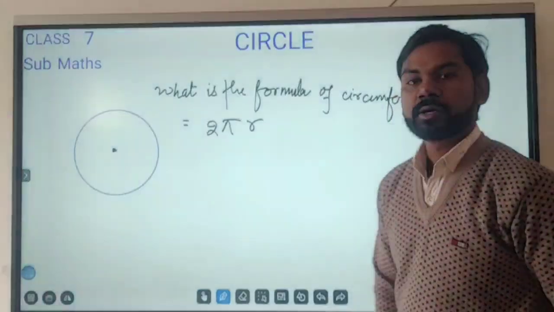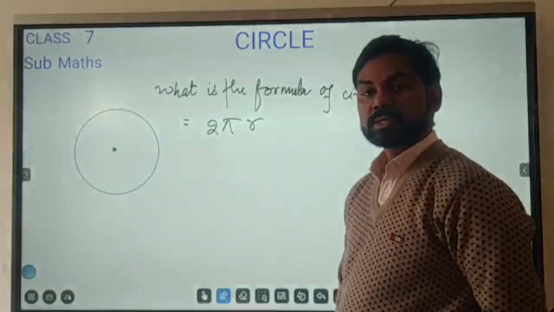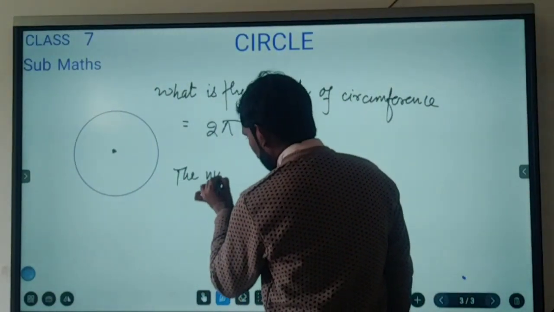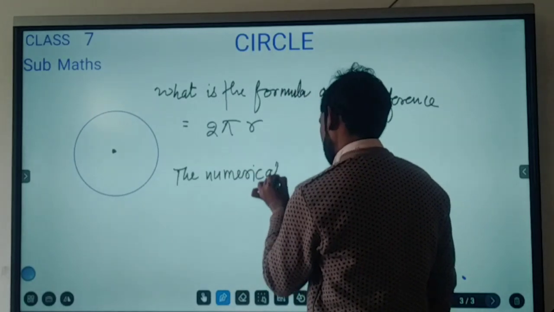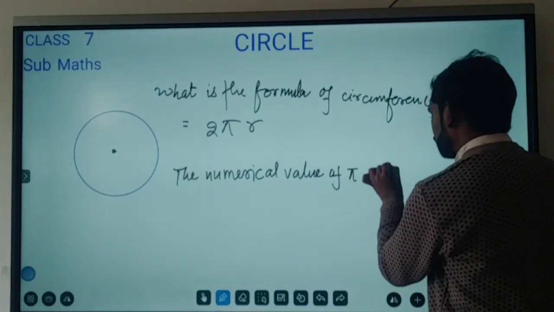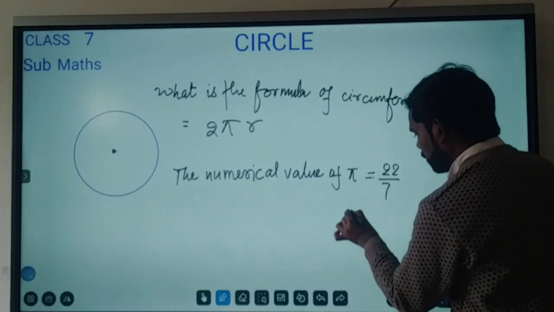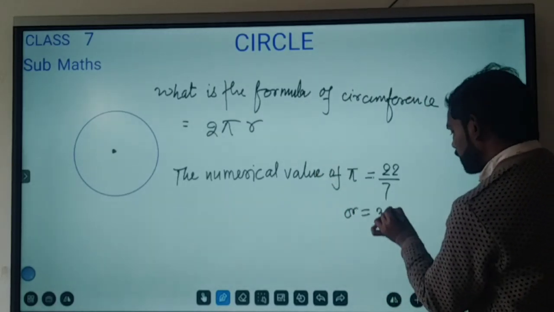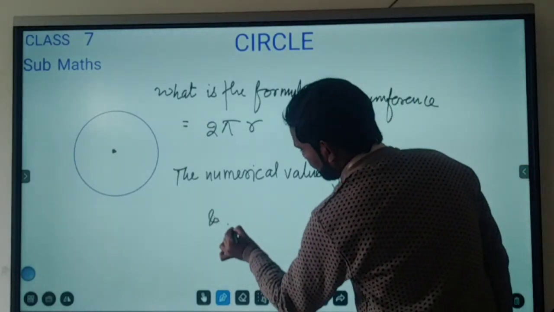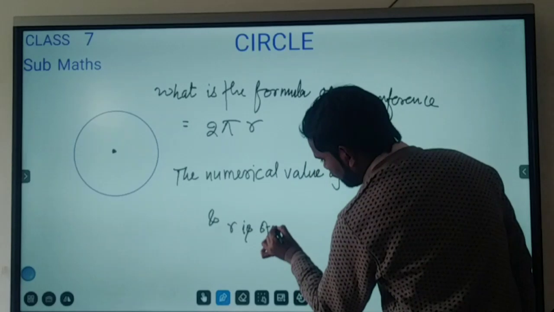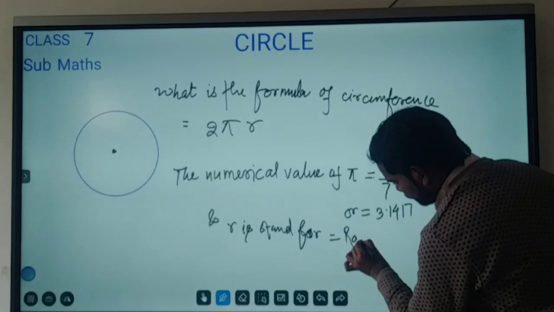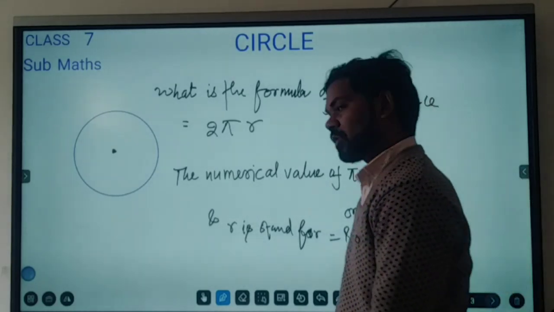This 2 pi r represents the perimeter or circumference of the circle, where the numerical value of pi is 22/7, or sometimes it can be written in decimal form as 3.1417, and r stands for radius.